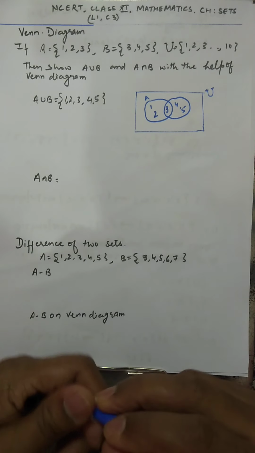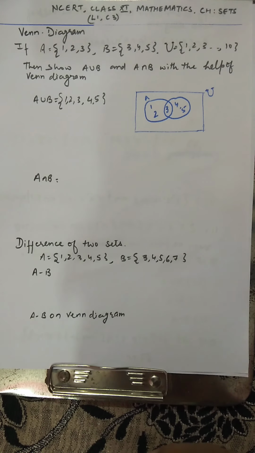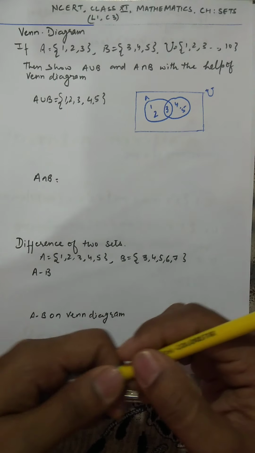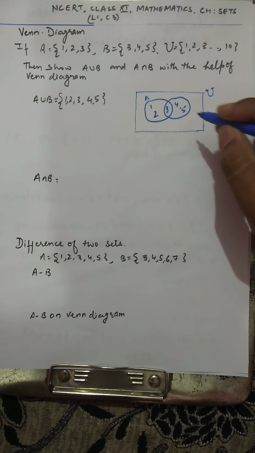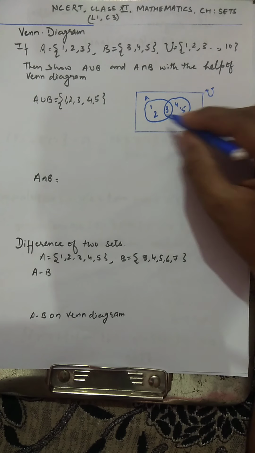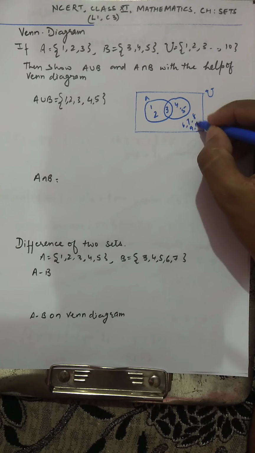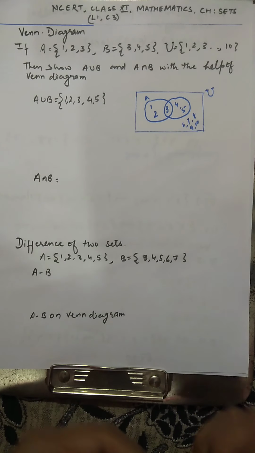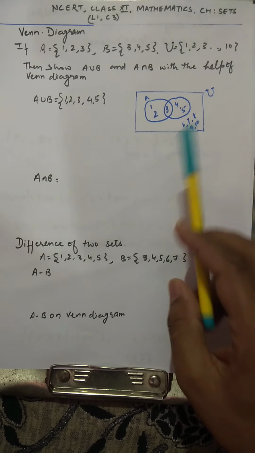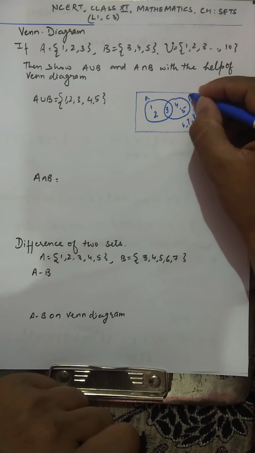So if I ask you to find or shade the area of A union B, then you can shade the area. I'm using a different color so that you can understand the difference. And see, outside of all these circular areas there will be 6, 7, 8, 9 and 10. So all these numbers are in the universal set, and A and B are defined this way.